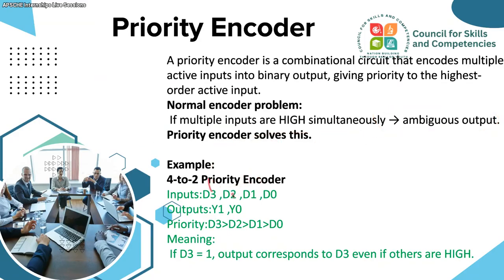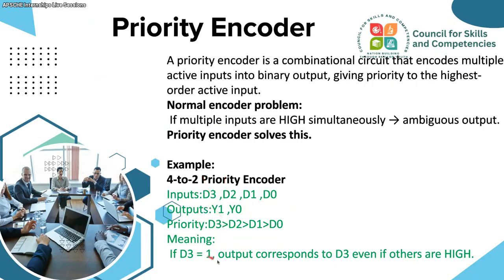So we have D3, D2, D1, D0 as inputs and Y0, Y1 and V as the outputs, depending on this, whether to select, and it will combine it. Here it is taking the priority. That means if D3 is 1 and D2 is 1, it gives first priority to D3.